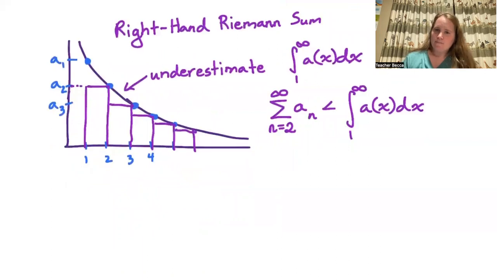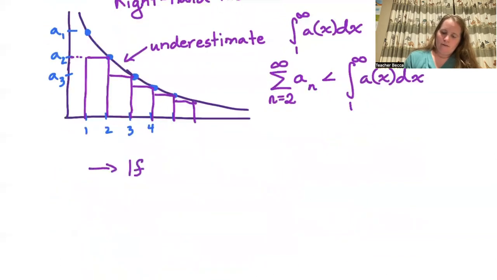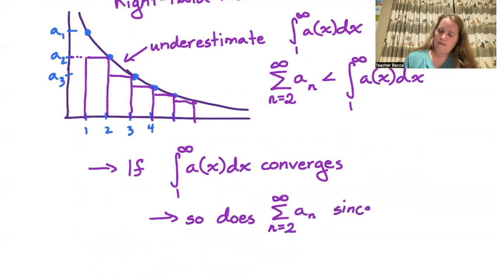So by this rule, essentially what we have is if the integral from 1 to infinity of a of x dx converges, then so does the sum from n equals 2 to infinity of a sub n, since the sum from n equals 2 to infinity of a sub n is less than the integral.